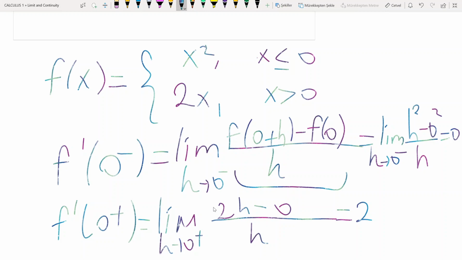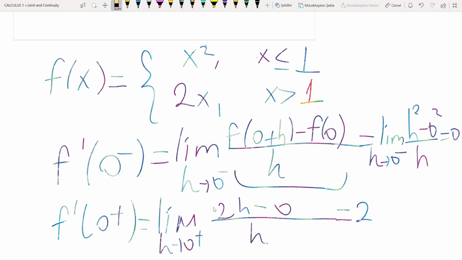What about this question? Is this function differentiable at the point 1? Let me slightly change the function. Let's say this is 1 and this is also 1.